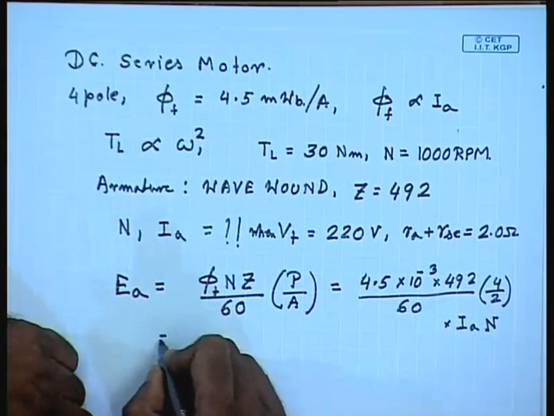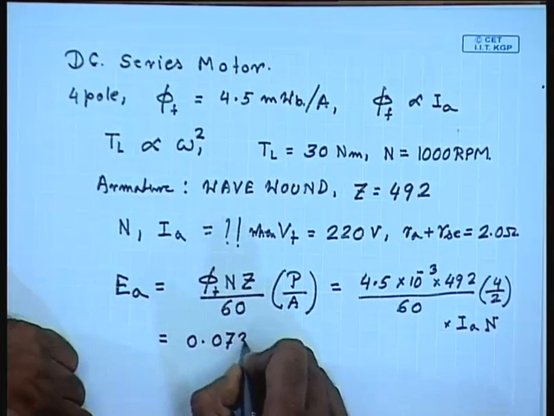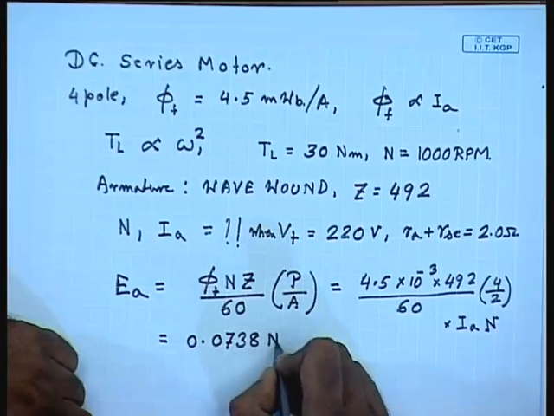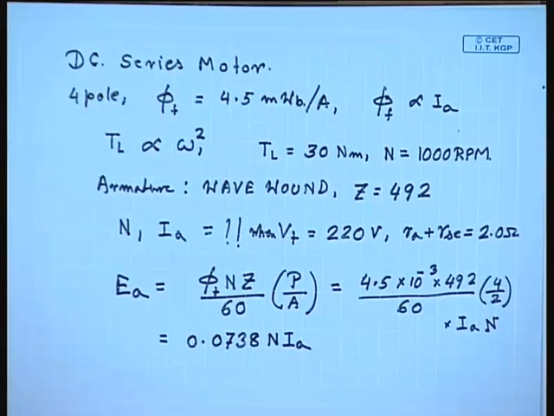So, Ea equal to 0.0738 n Ia. This assumes linear magnetization characteristics.